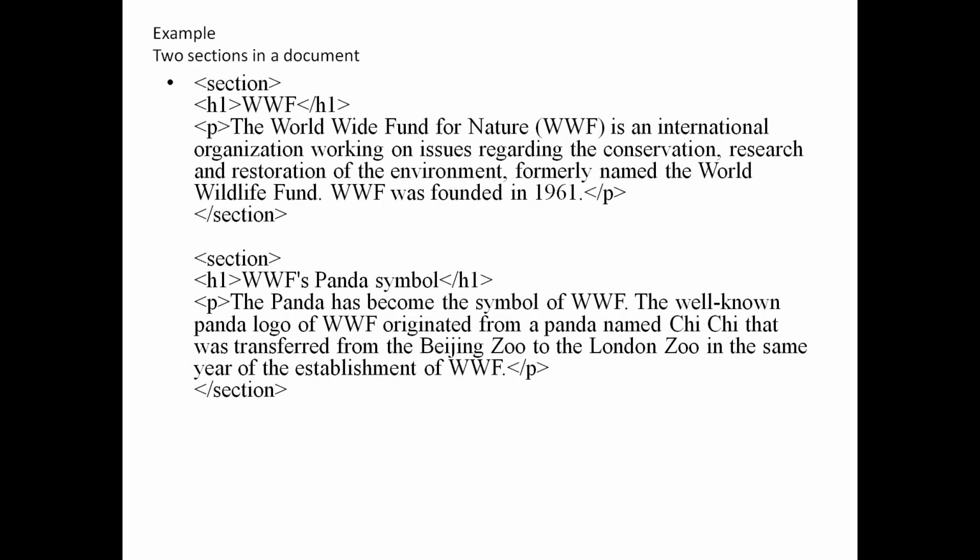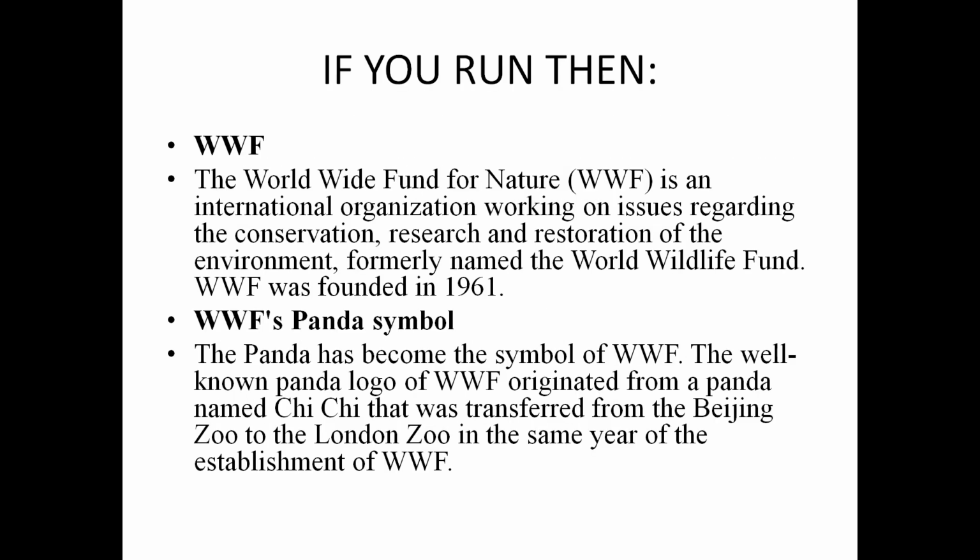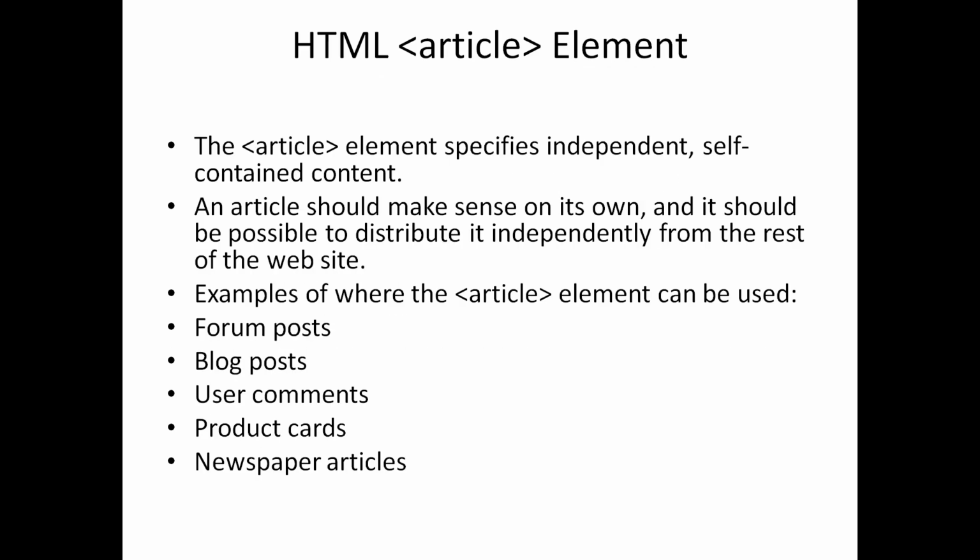The well-known panda logo of WWF originated from a panda named Chi Chi that was transferred from the Beijing Zoo to London Zoo in the same year of establishment. If we run this code, we get the output of two paragraphs, which consist of the Worldwide Fund for Nature and the WWF panda symbol.